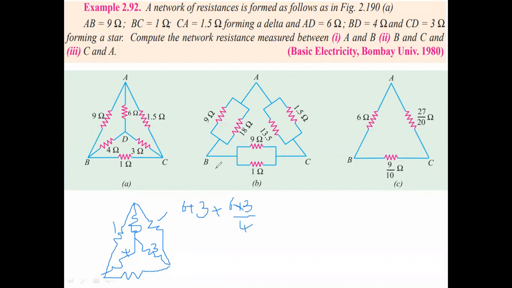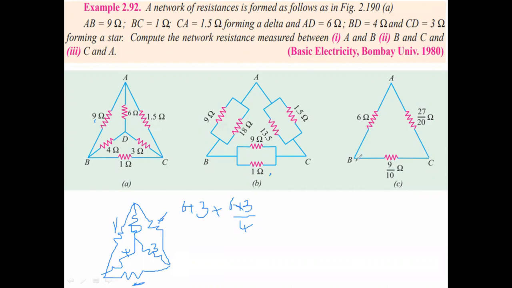Like that we can find each delta resistance. Then this resistance is in parallel with 9 ohms, the delta resistance obtained at this point is in parallel with 1.5, and the resistance obtained at this point is in parallel with 1 ohm. Then we simply find the equivalent parallel resistance of each side.